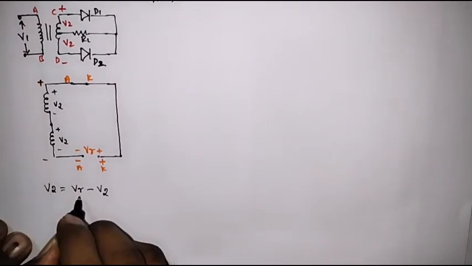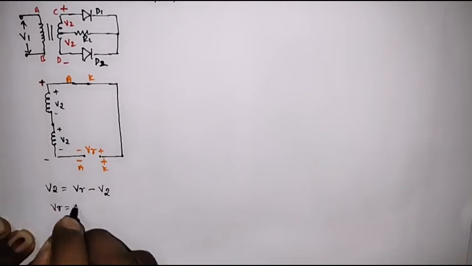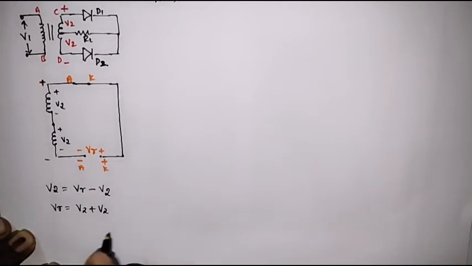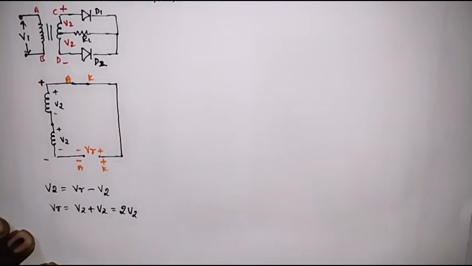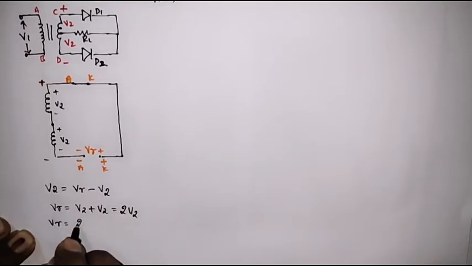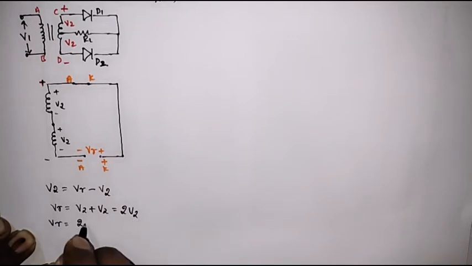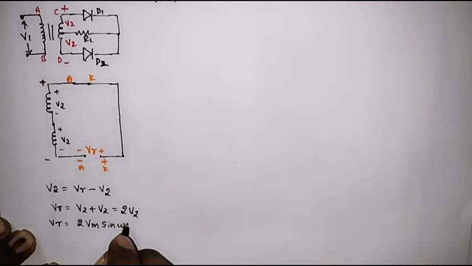Therefore we can write the reverse voltage VR as VR is equal to V2 plus V2, which is equal to 2V2. So here we can write VR is equal to 2 Vm sin omega t, as V2 is nothing but Vm sin omega t.